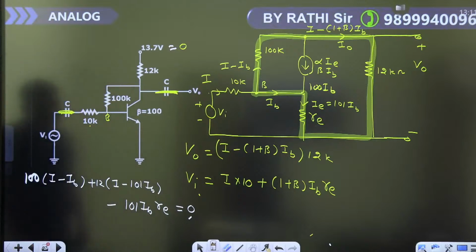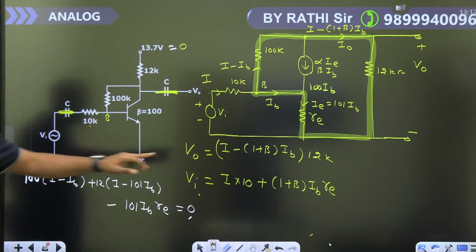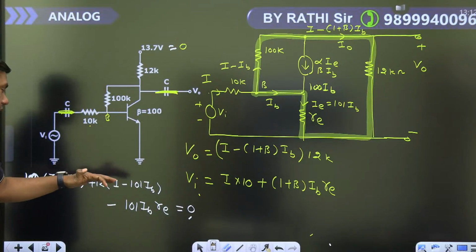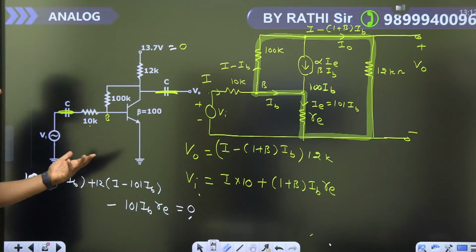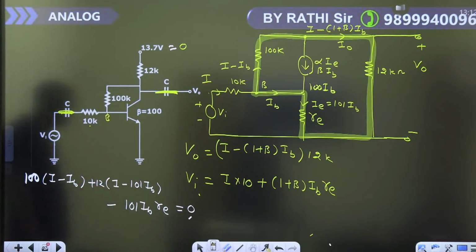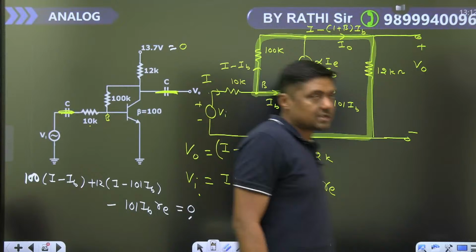Now from this you will get the relation between IB and I. Once you have the relation between IB and I, you can replace this, or you can also find the value of 1 plus beta times of IB. Now get the relation between IE and IB, put it here, divide it, and you will get the exact answer.